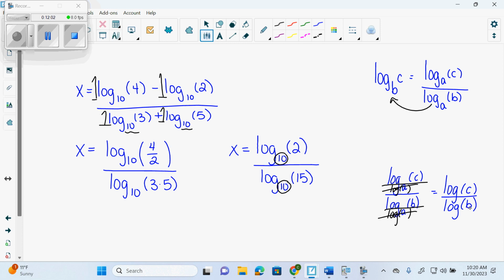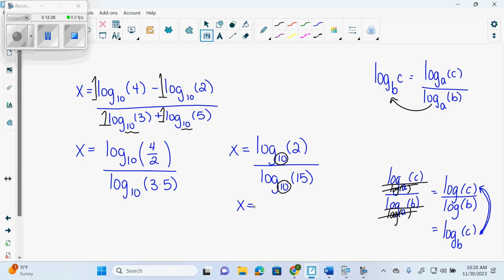Which, if you have the old calculators, you know that's the same as log base what? B of c. So if you have the old calculators, you're actually at an advantage on this because you know that this is how you actually have to go from here to here, right? So, if I have this, log base 10 of 2, log base 10 of 15, those 10s are just going to cancel off when I go to write my single log.